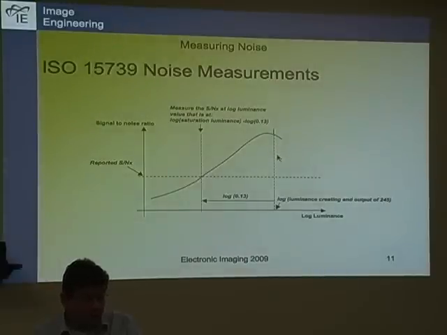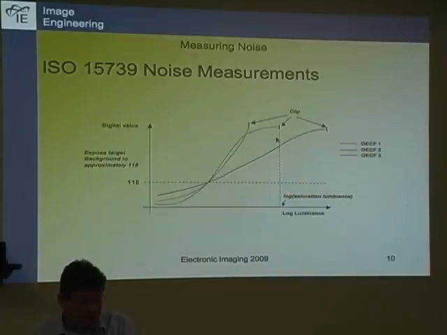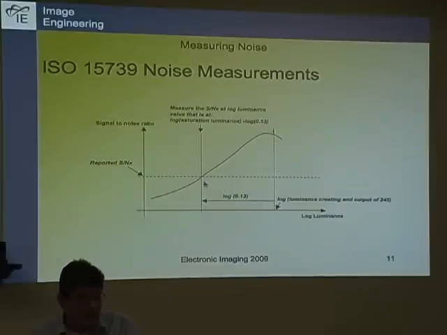So we expose the target in this way, and then in order to get to a good recording, we will go to the luminance where the output value, the digital code value of the image is 245. So looking like something here. So we select the digital value of 245, and then we look at what is the related luminance value, and then from there we go down to 13% of that luminance value and record the signal-to-noise ratio.